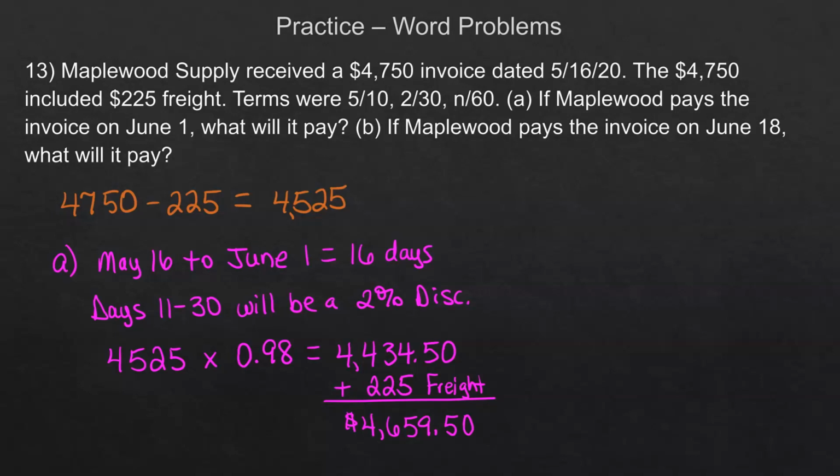Then it says, if Maplewood pays the invoice on June 18th, what will they pay? Okay, so let's look at that, part B. So June 18th is how many days? Well, let's think about that. So the end of discount, we're going to go ahead and figure that. The end of discount would be 5/16 plus 30 days, right?